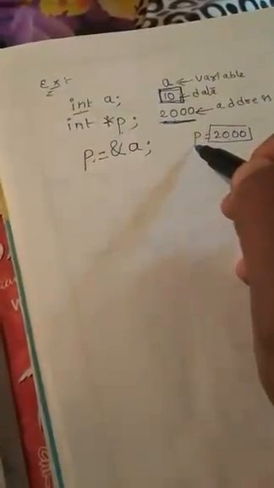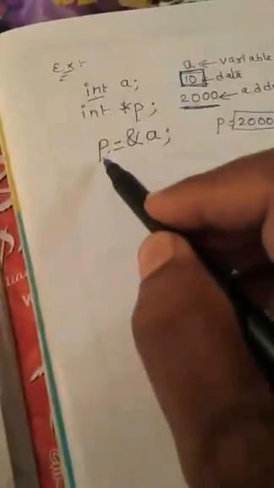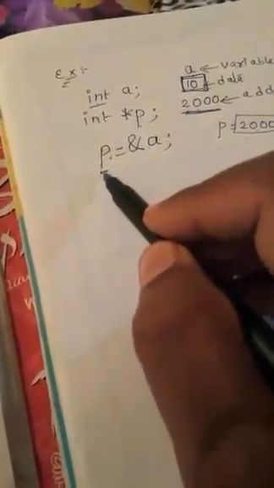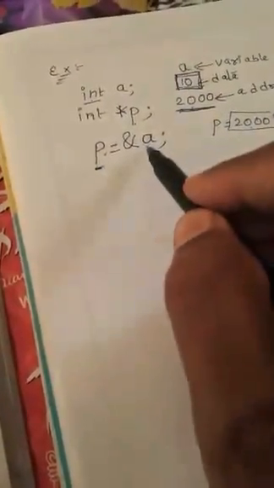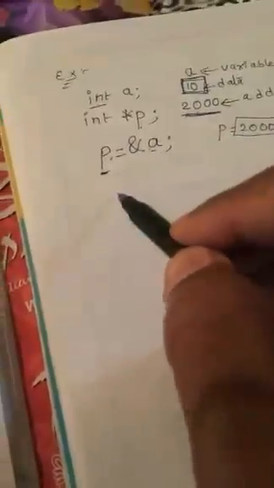What is the address of a? Simple, 2000. What is 2000? It is not data, it is the address of another variable. So this address is stored in a pointer variable. So pointers are variables which store the address of some other variable.